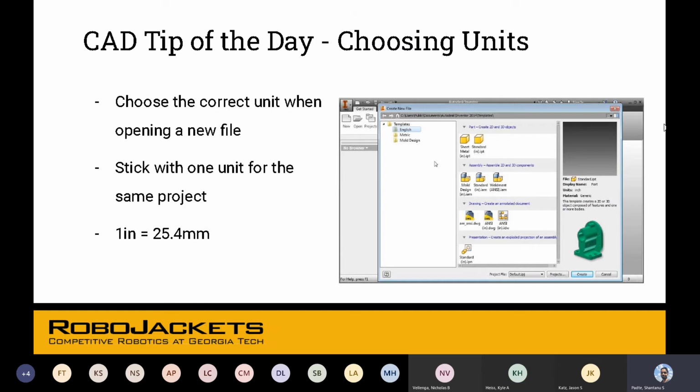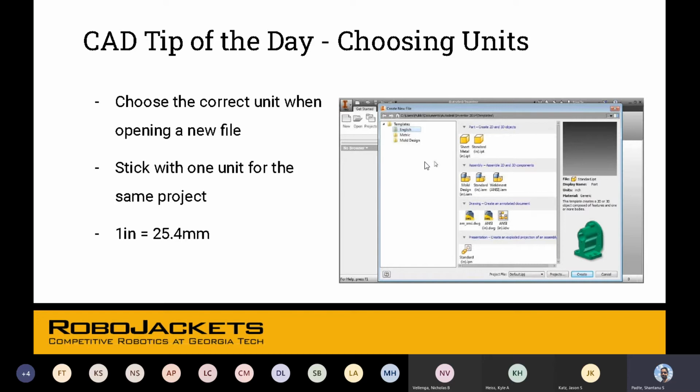Okay, so here we have a CAD tip of the day. Choosing your units. This is important because you might be working with international students here who might use the metric system. So you can change your units in CAD. I think they should be in properties.